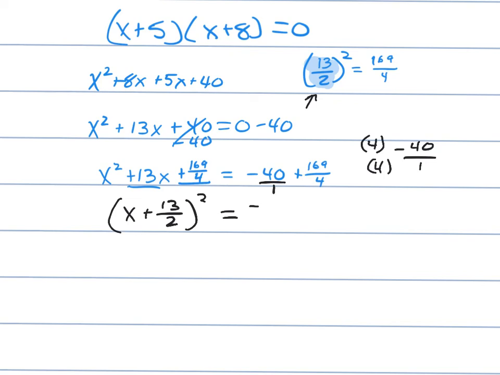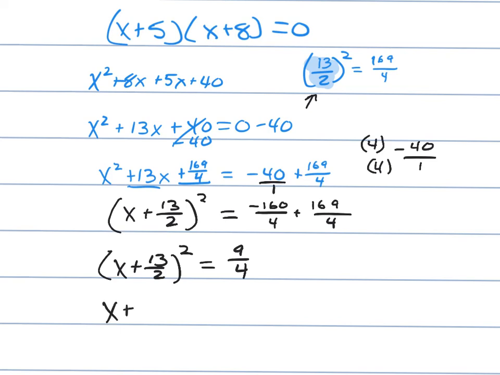So we get negative 160 fourths plus 169 fourths. That was convenient. X plus 13 halves squared is equal to 9 fourths. How about from there? Just subtract 9 fourths. And that's it, my friends.